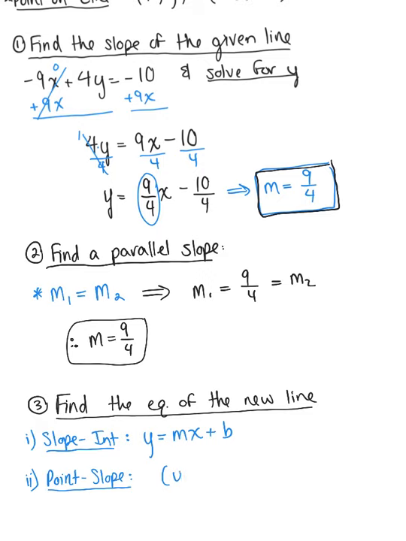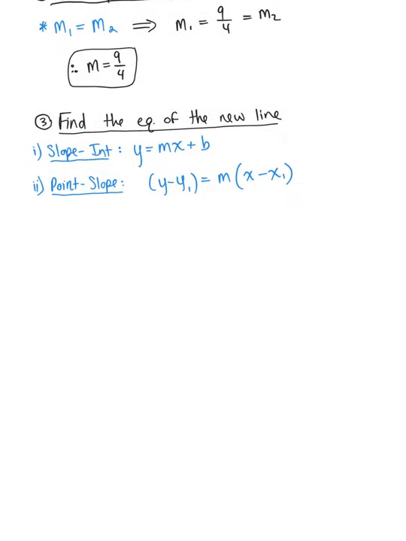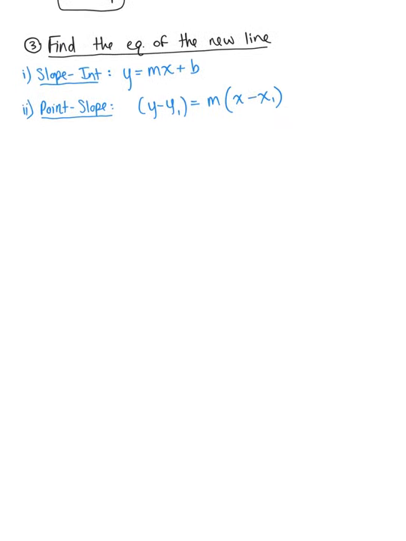And that equation is y - y1 = m(x - x1). So both of these forms are perfect. You'll get the same answer either way. So I'm going to use slope-intercept form here to solve.